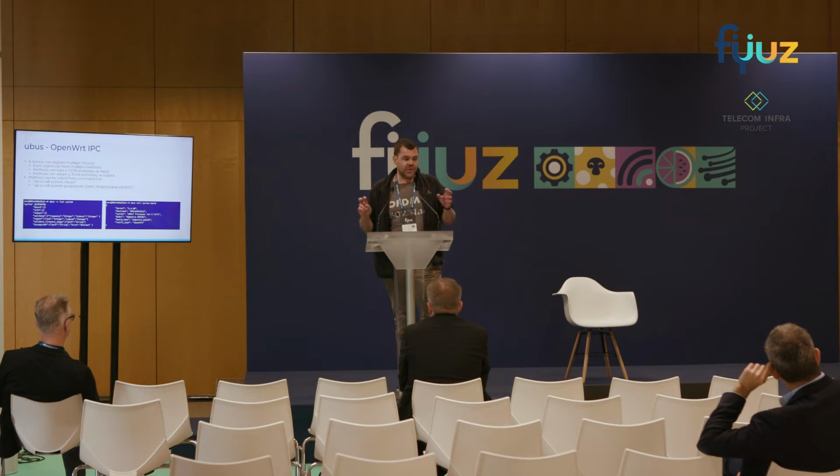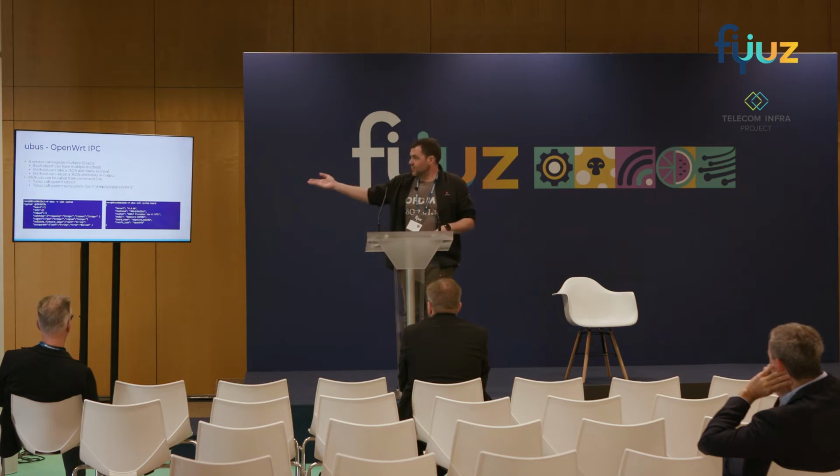Services can offer objects. Objects can have methods, and you can call methods, pass them input data, and receive output data. There's a design decision that we made a long time ago that there's no classical separation between getter and setter functions. There's just methods that you can call. You can provide input JSON, you can receive output JSON. It's very implementation specific how the actual method works.